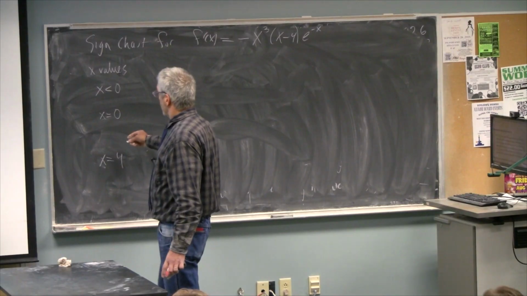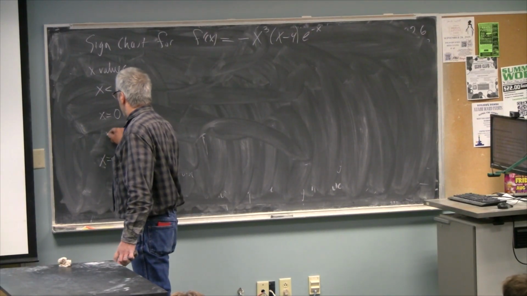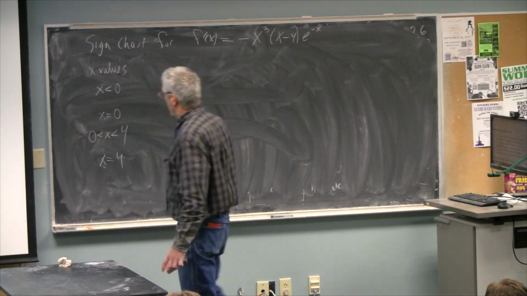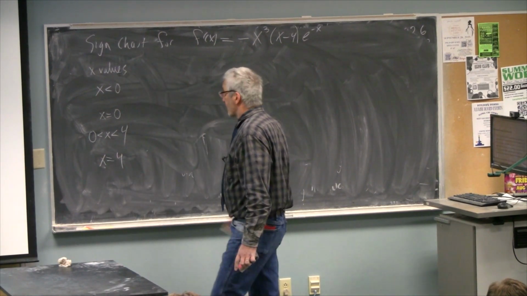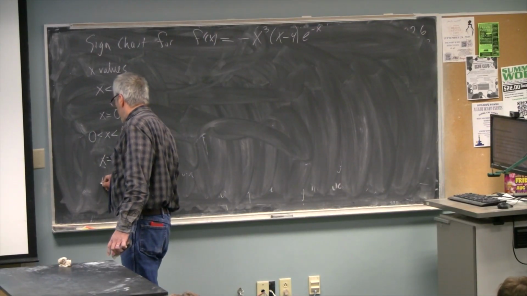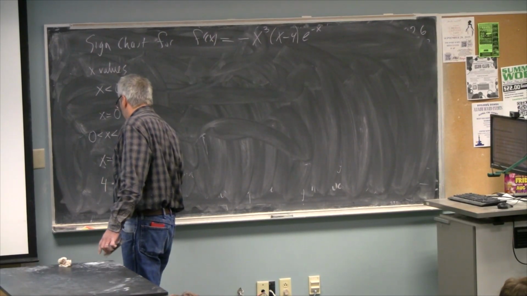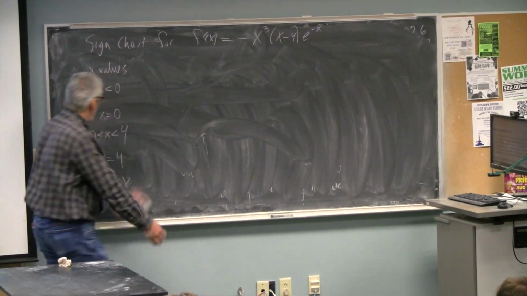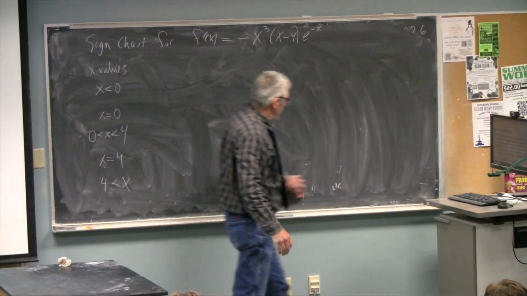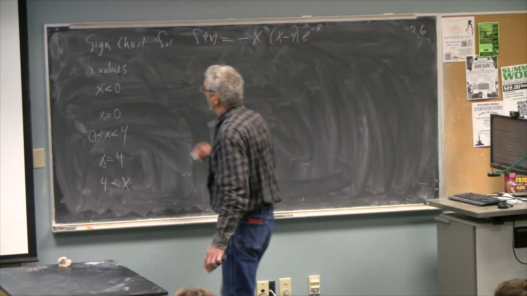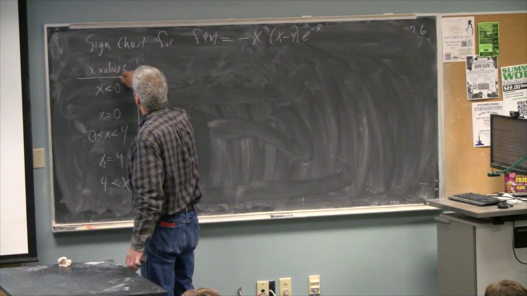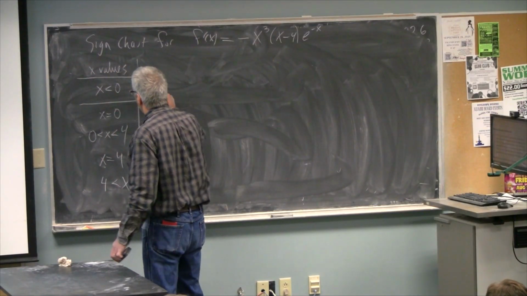In between those, on the 3rd row, I'm going to have x's that are greater than 0 and less than 4. And then the last row is going to be x's that are greater than 4, or I'm going to say 4 is less than x. My style is I like to have all my equal signs going this way, if possible, or my inequalities going that way. So those are the x values where I need to figure out the sign behavior.